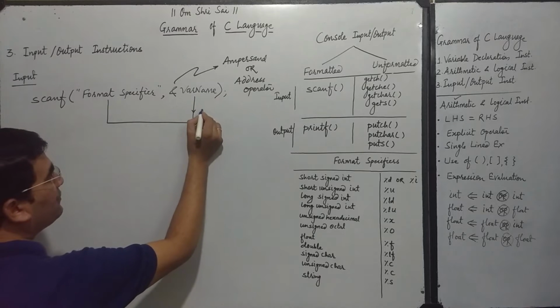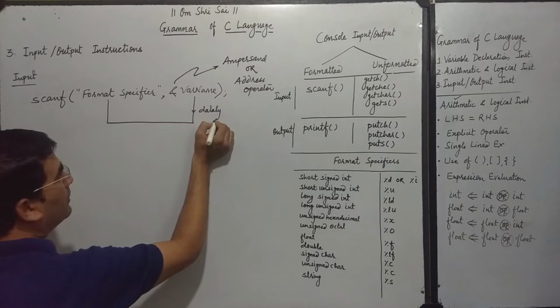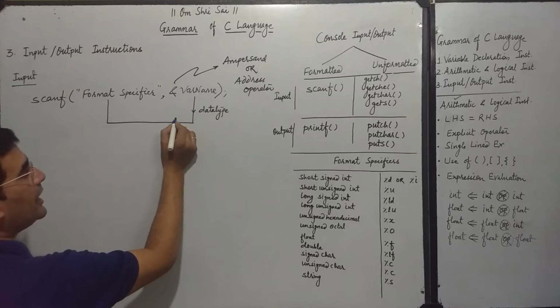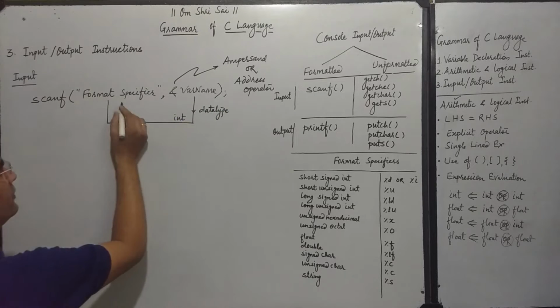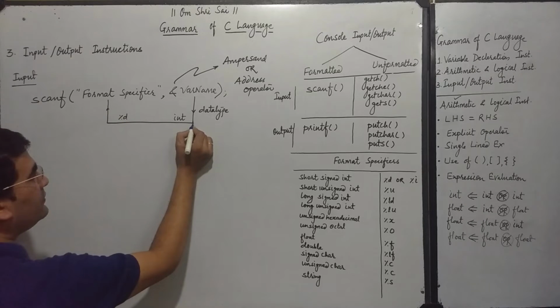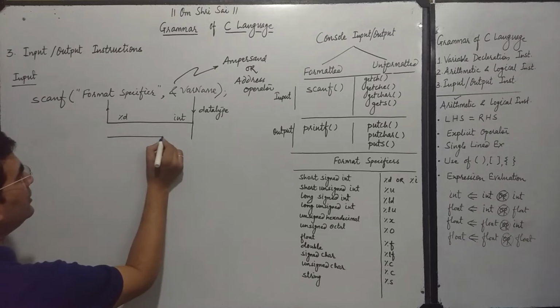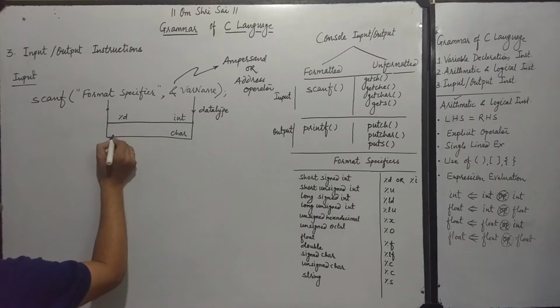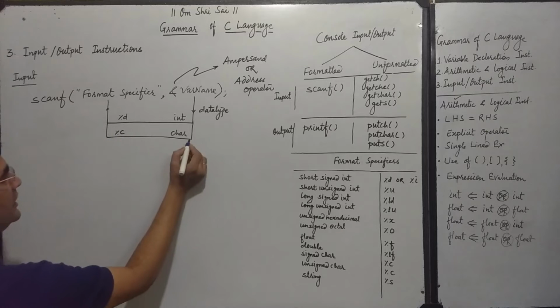Now let us say if we are scanning the value for the integer type of variable, the format specifier will be %d. If the type of variable for which we are going to scan a value is of the type char, the format specifier will be %c.